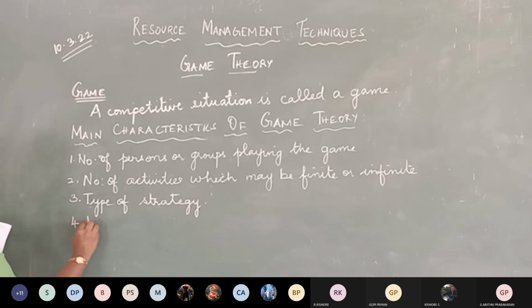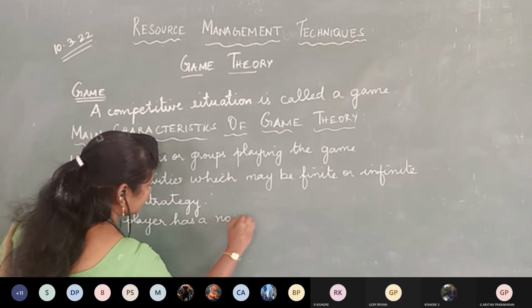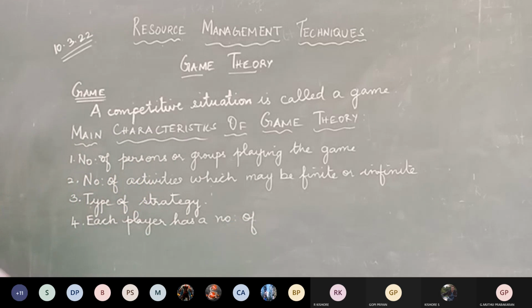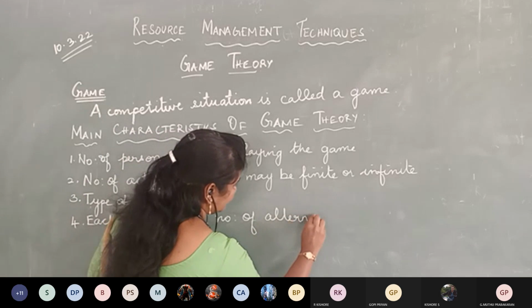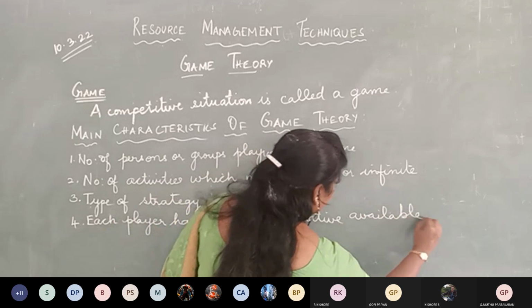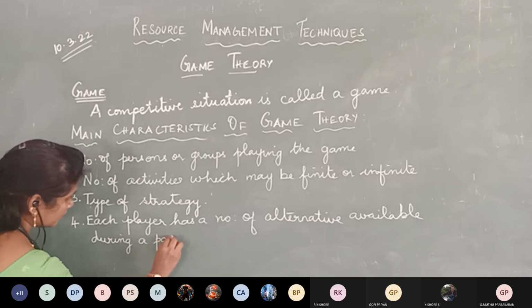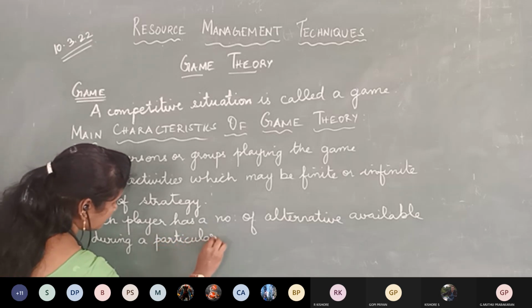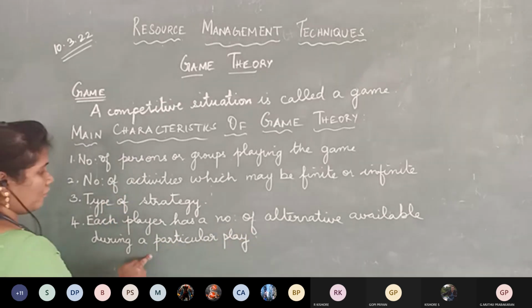Fourth one is each player has a number of alternatives available during a particular play. This also may be finite or infinite.